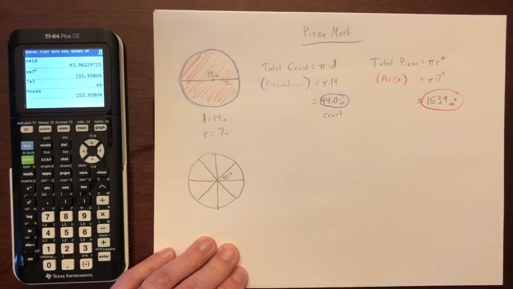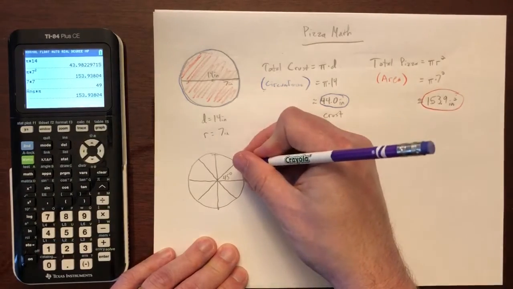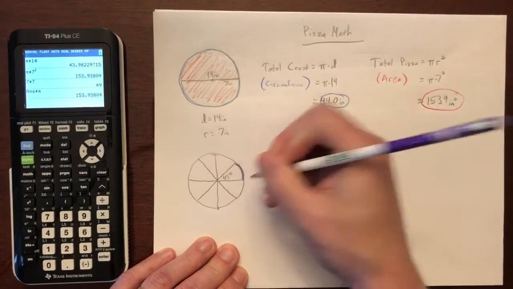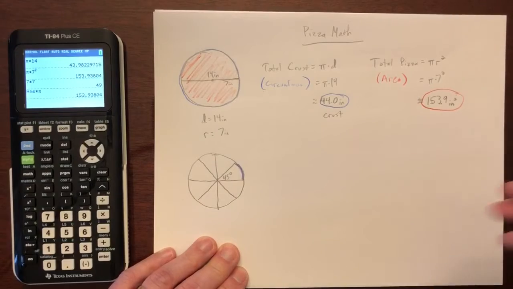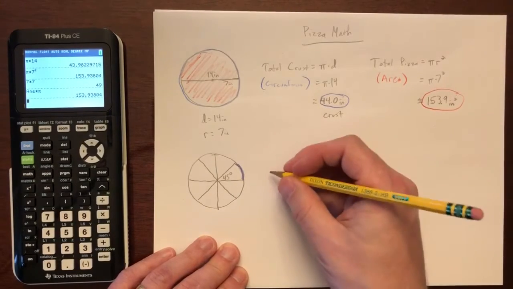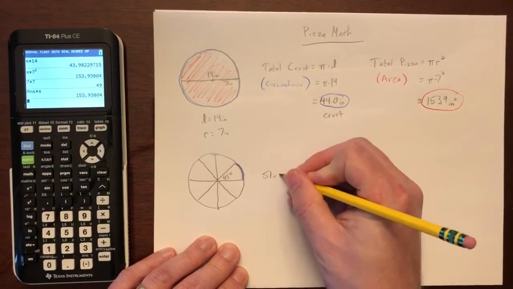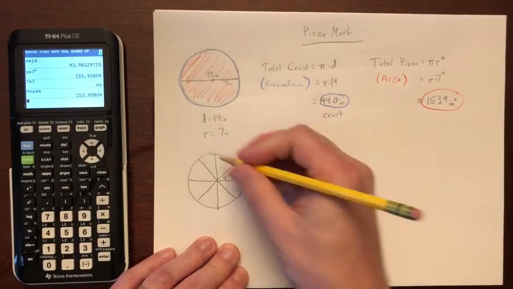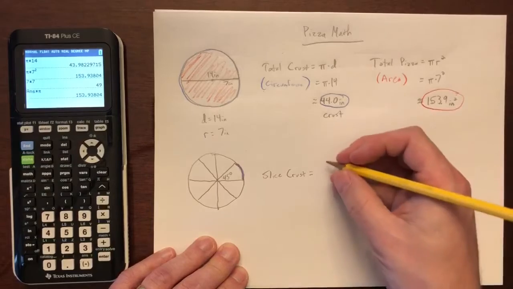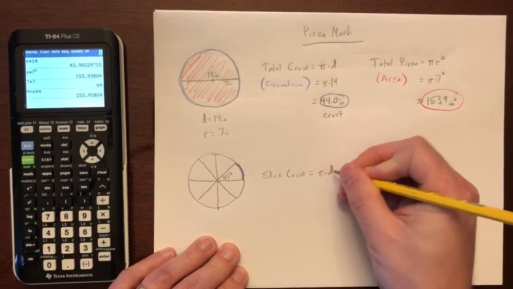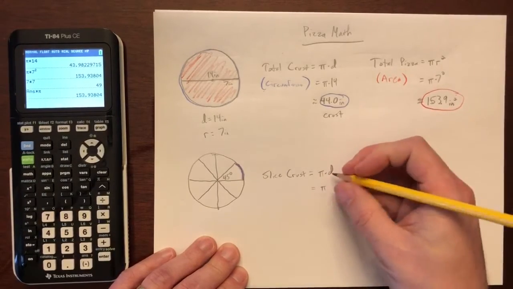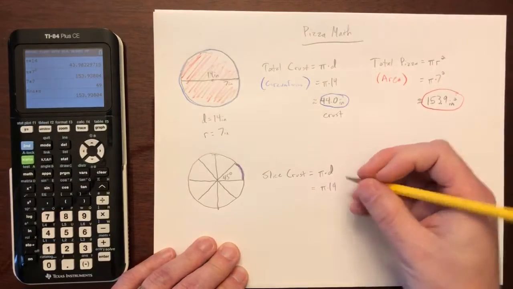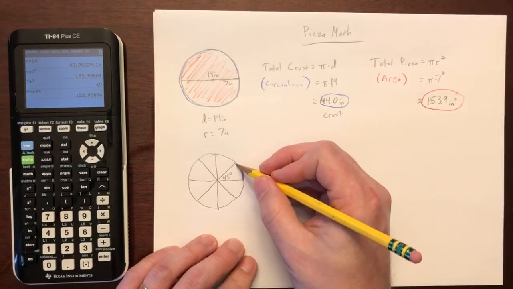What I want to know is how much crust there is just in that one. Okay, so for this amount of crust, so the slice crust is still going to be a portion of that full circumference. Okay, so it's still going to be pi times diameter, in this case pi times 14, but there's a couple ways to do this.